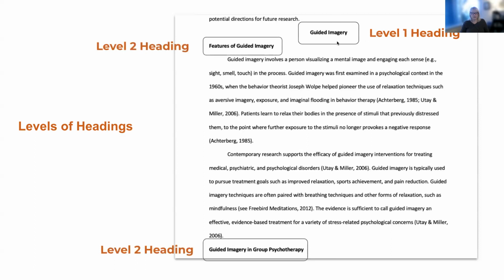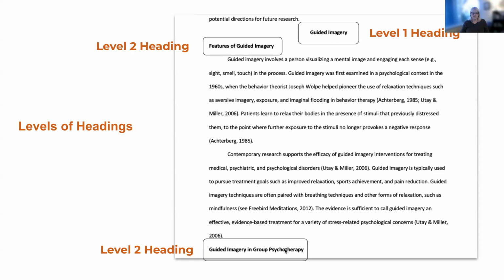So this is a level 1 heading that's centered, bolded, and in title case. And this shows that this is going to be a major section of the paper. And then within that big section, there are 2 level 2 headings. They are flush left, bolded, and in title case.